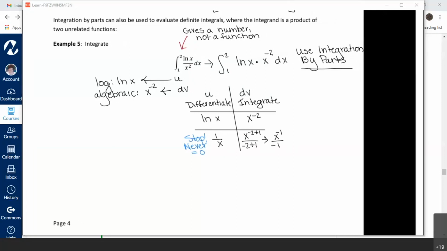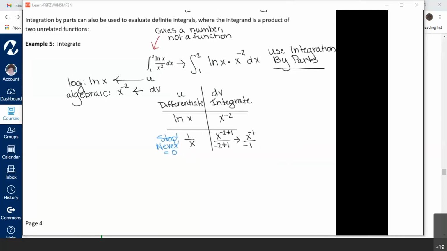Since I'm stopping at this row, I'm stopping the whole process here. Here's my first product, which has a plus sign on it. And since I stopped before it went to 0, this is going to be an integral. Please realize that this can be rewritten as negative 1 over x, just so you see it.